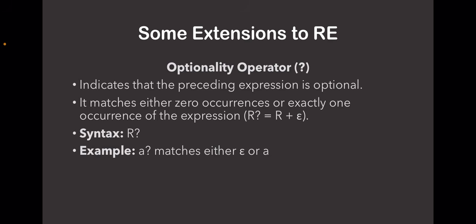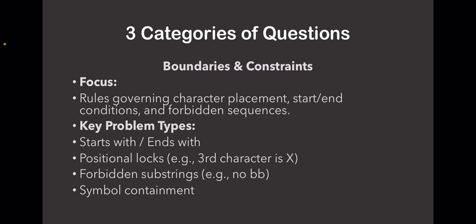So the reason the optionality operator is considered an extension is because we can still represent it with the regular expression in union with the empty string. So the optionality of A matches either no occurrence or A. That's one occurrence. So these are 3 categories of questions we usually see on regular expressions.